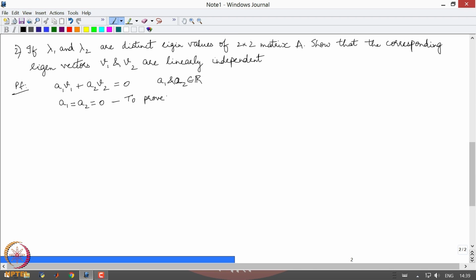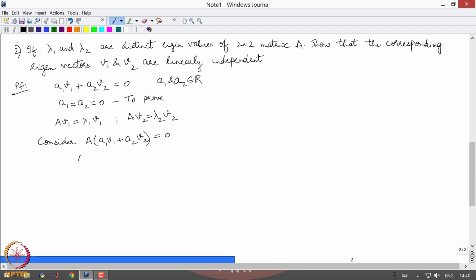Now, we know that v1 and v2 are eigenvectors of A. So, I can write A v1 equals lambda 1 v1. Similarly, A v2 equals lambda 2 v2. So, consider this: A times the linear combination a1 v1 plus a2 v2 will obviously be 0, because we assumed that the linear combination gives us 0.